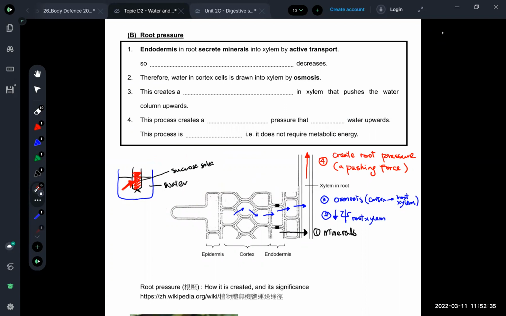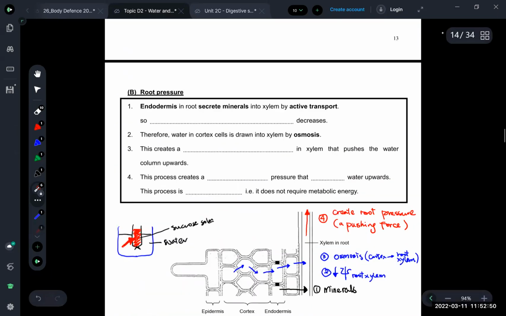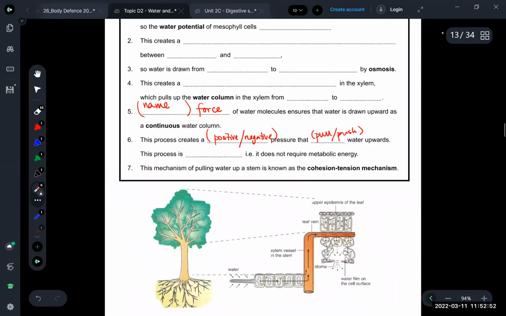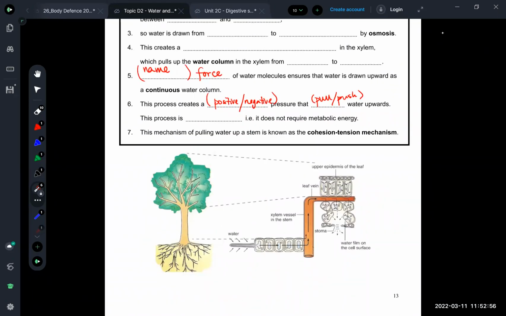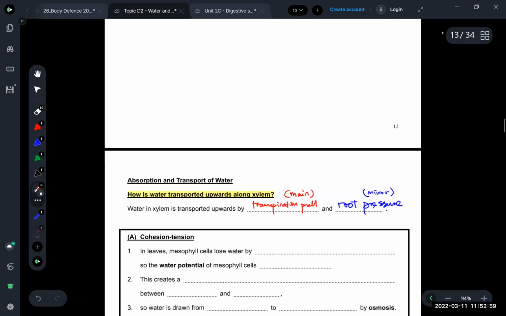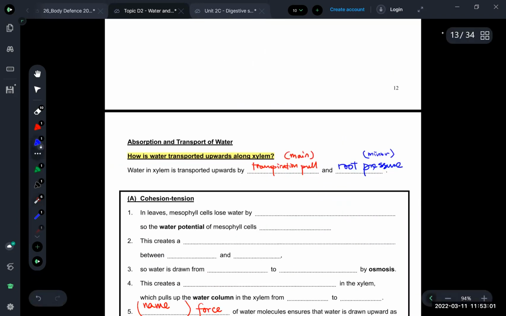the mosses on the rocks, 即係嗰啲青苔仔啊。But imagine in normal plants, in the herbs, in the shrubs, 即係你平時行過啲花叢嗰啲花草樹木，甚至你諗下一棵幾十米高嘅樹，你就會明白 root pressure play 緊一個 very very minor role.